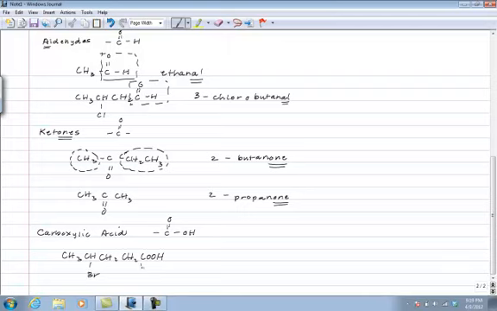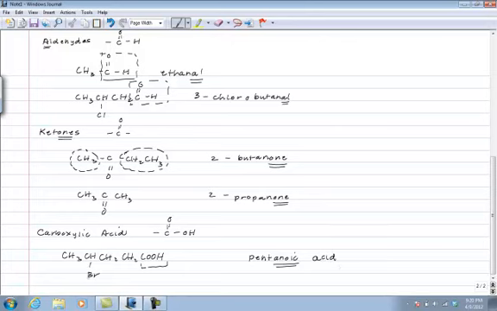This part right here is the carboxylic acid part. So if we're going to name the parent chain first, we're going to count. There are 1, 2, 3, 4, 5. That's pent, and this is pentanoic. Ethanoic is the carboxylic acid name, and it's pentanoic acid.